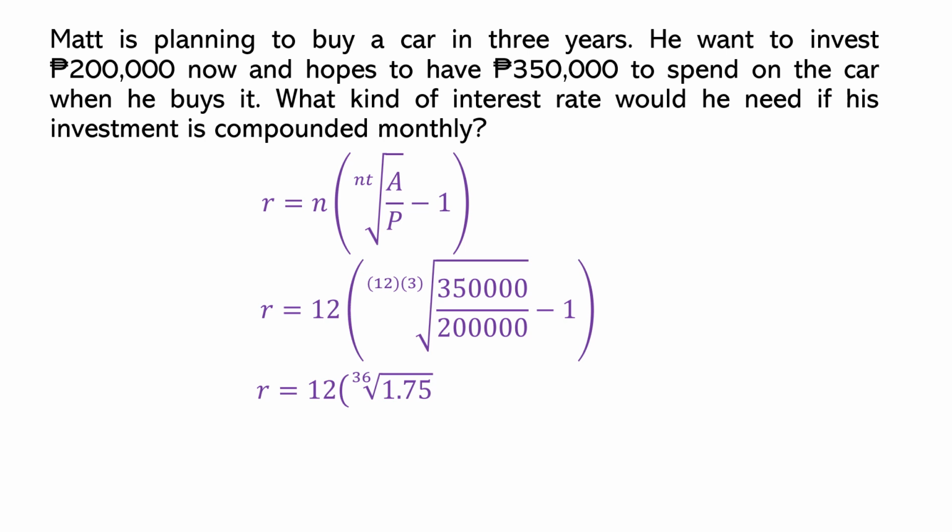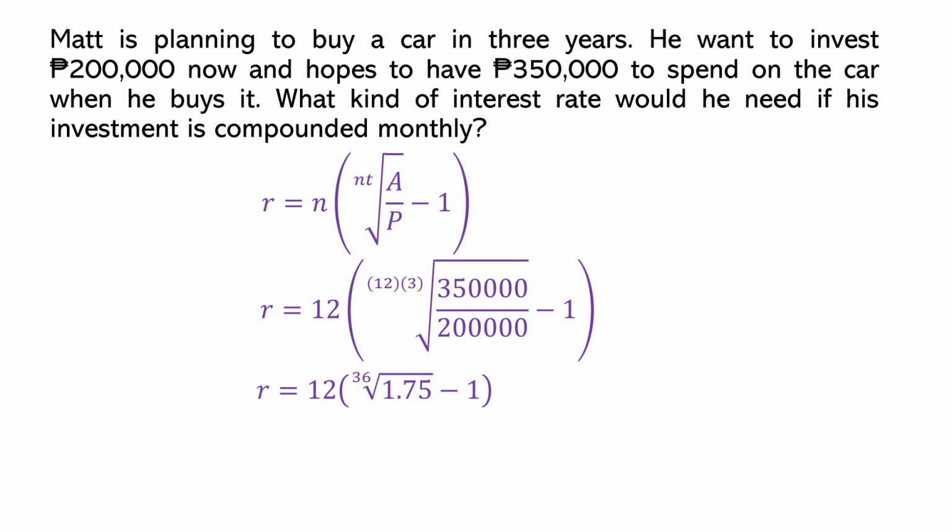Where do we get 1.75? That is the quotient of 350,000 divided by 200,000. So that's 1.75. And then copy the minus 1. So again, we get 36 from 12 times 3, and 1.75 from the one inside the radical sign, 350,000 divided by 200,000.